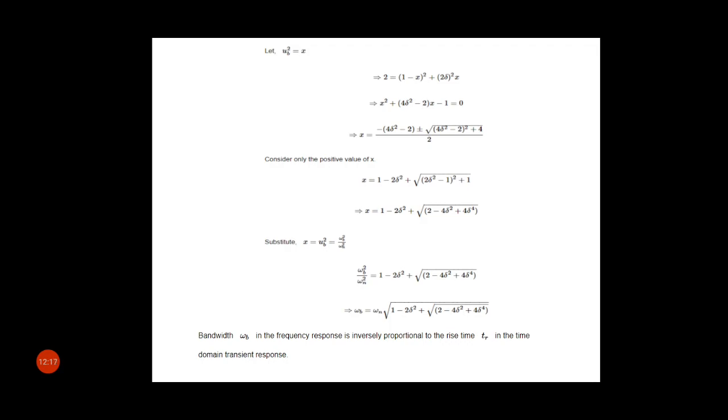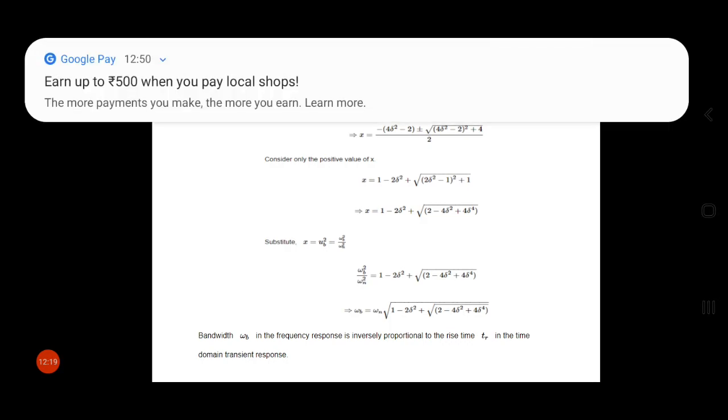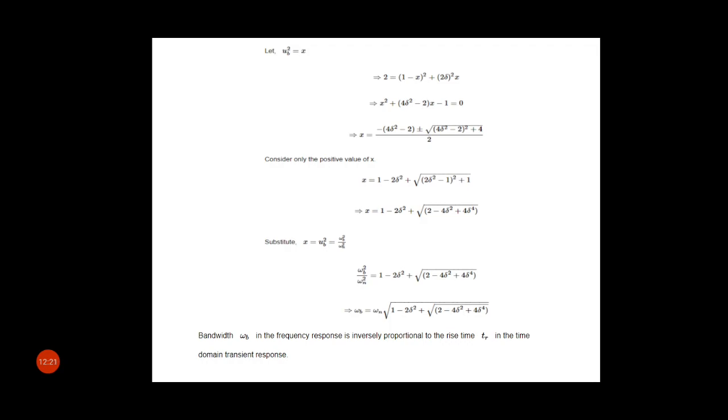X is nothing but u_b square, and now put the value of u_b. So u_b square equals omega_b square divided by omega_n square. So we see x equals 1 minus 2 zeta square plus root under 2 minus 4 zeta square plus 4 zeta to the power 4.